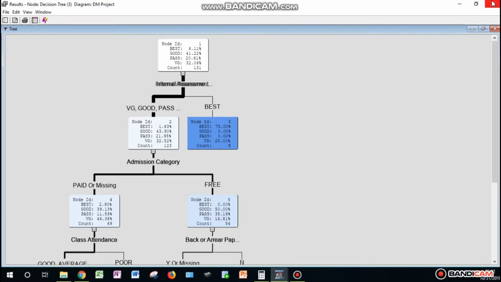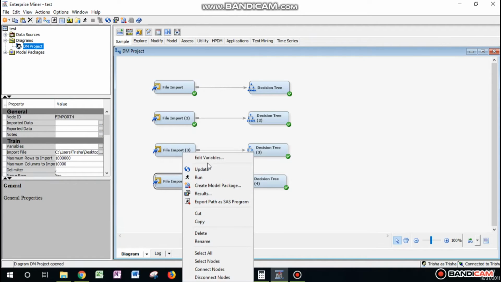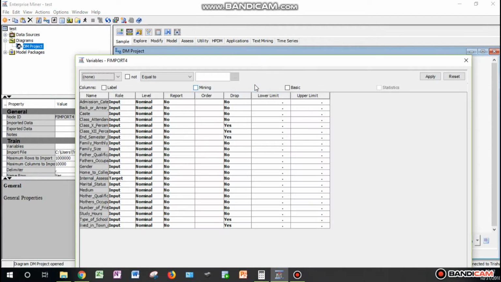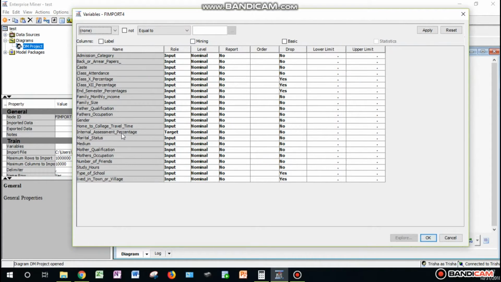So then we were interested in, now that we know if you get a best on the internal assessment, you're going to do well in your end semester percentages, what was causing the internal assessment percentage to be a best. So this was the target, and we still dropped the type of school and whether they lived in a town or village, and we also dropped the end semester percentages, since we know that internal assessment was driving end semester percentages.